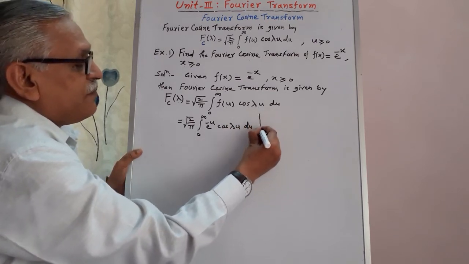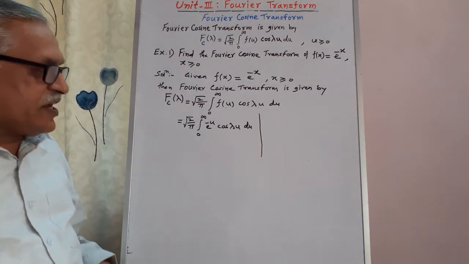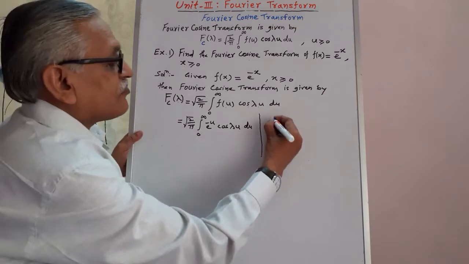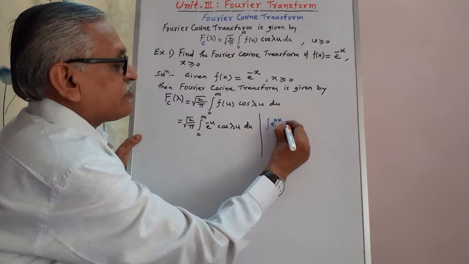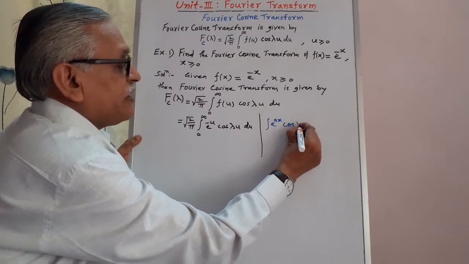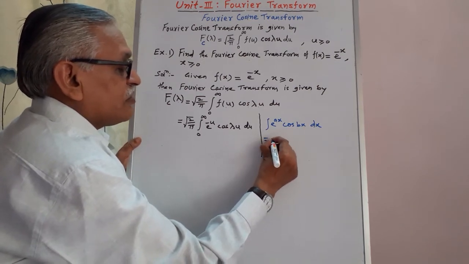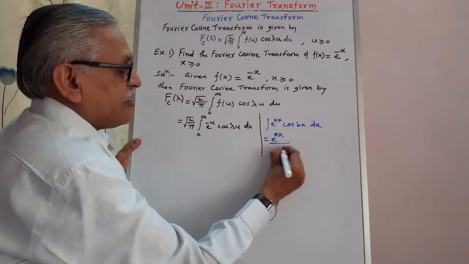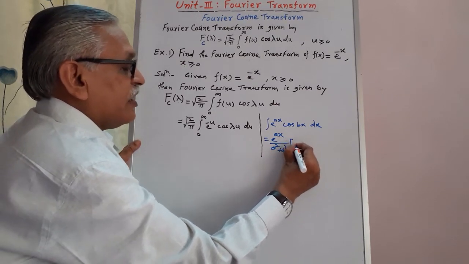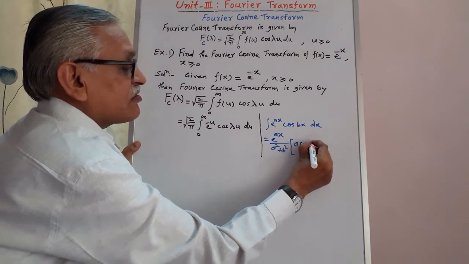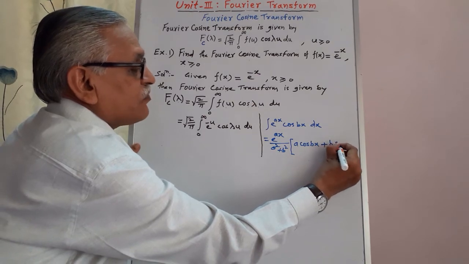And then performing the integration by applying the standard result, we know that the integration of e raised to ax cos of bx dx is equal to e raised to ax divided by a square plus b square into a cos bx plus b sin of bx.